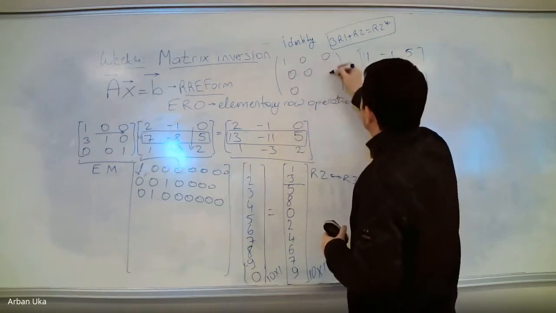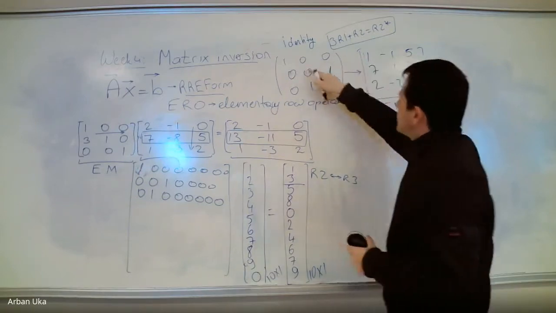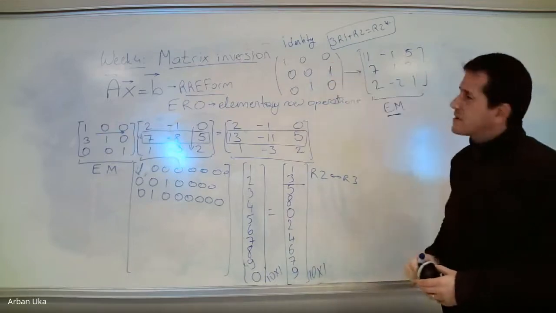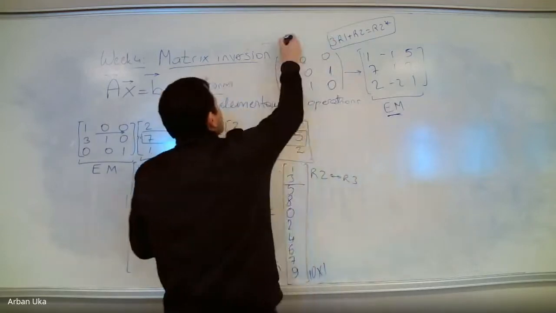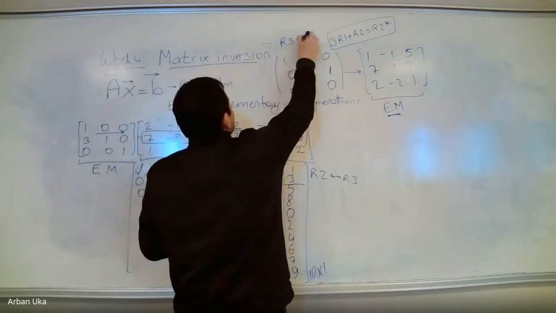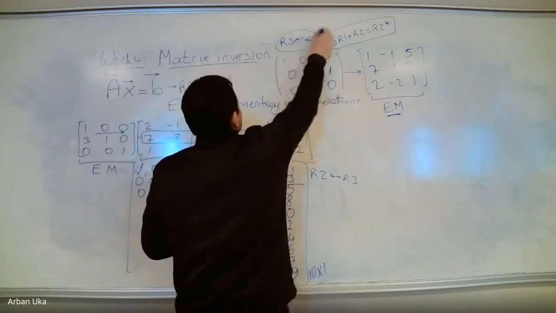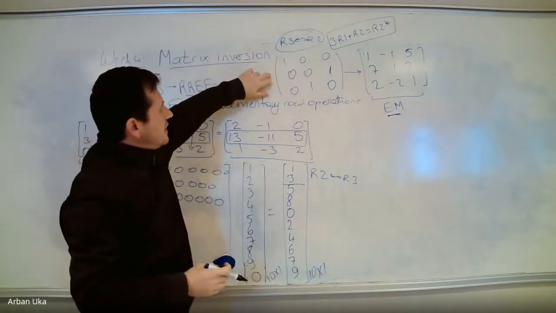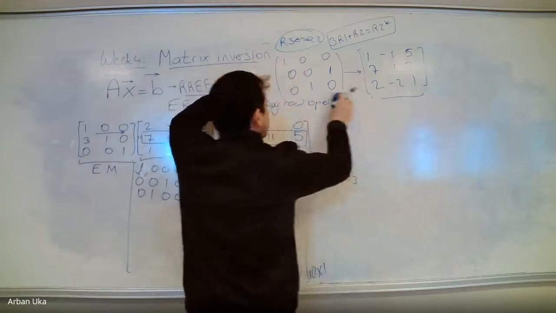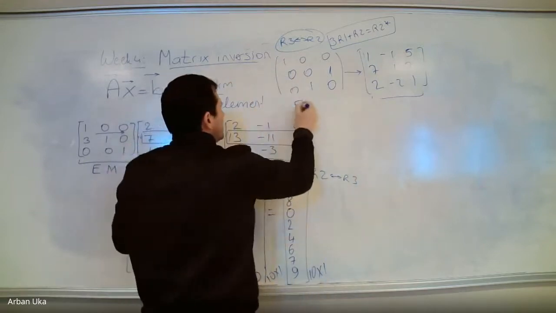This is 0, 0. So what did we do to this elementary matrix? We exchanged row 3 with row 2. So it is an EM now.